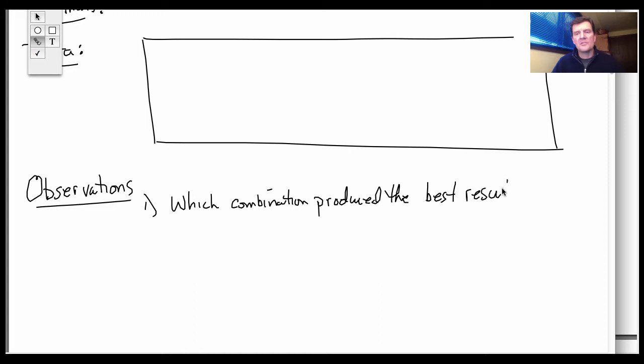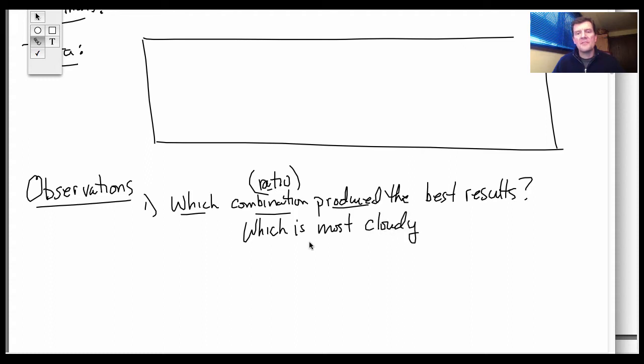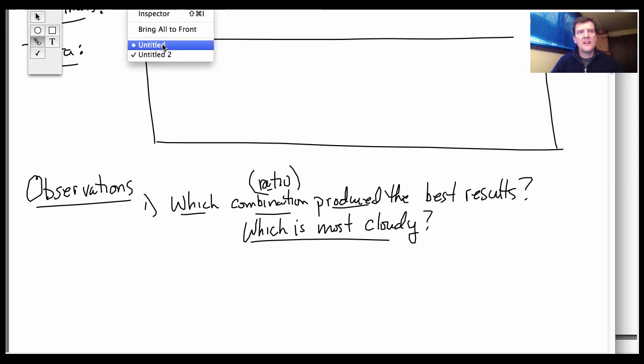And how are you going to know this? Well, when you combine these 2 chemicals, the best results will have a cloudy precipitate. So which combination, or which ratio, produced the best results? You're looking at which is most cloudy. It might be difficult to figure that out at first, but which one is most cloudy based on your best observation? Answer that question.